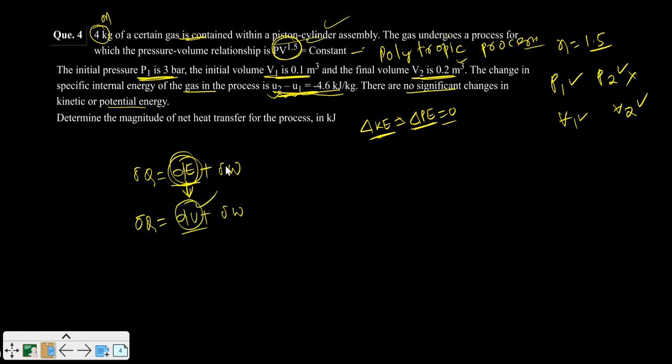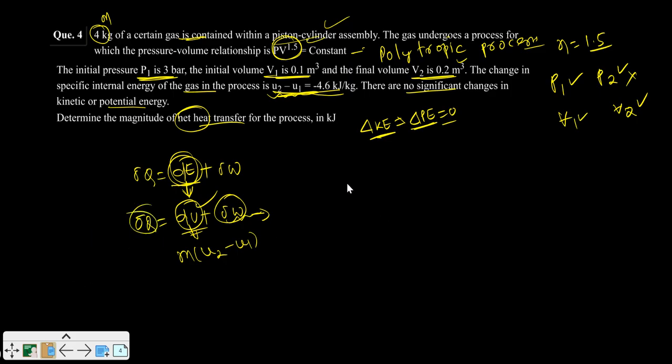During this process we need to find out the net heat transfer. Here dU is simply given, and that will be equal to m times U2 minus U1, which is given to us. And if we can find out the value of del W, then del Q can be calculated, right?